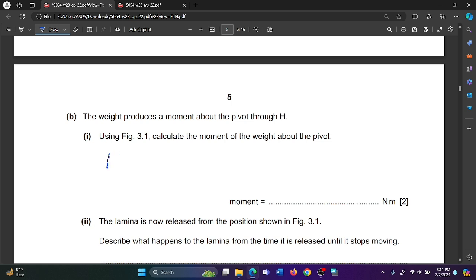So moment, that is M, is equal to the weight, 0.49, multiplied by the perpendicular distance, 8 by 100. To convert 8 centimeter to meter, we divide it by 100. So 0.49 times 8 by 100 becomes 0.039. So this is the answer.